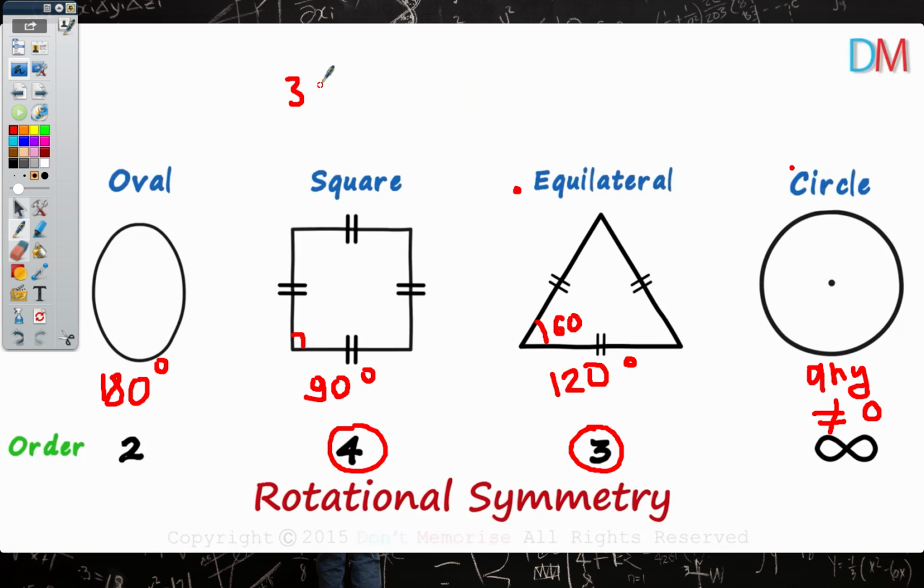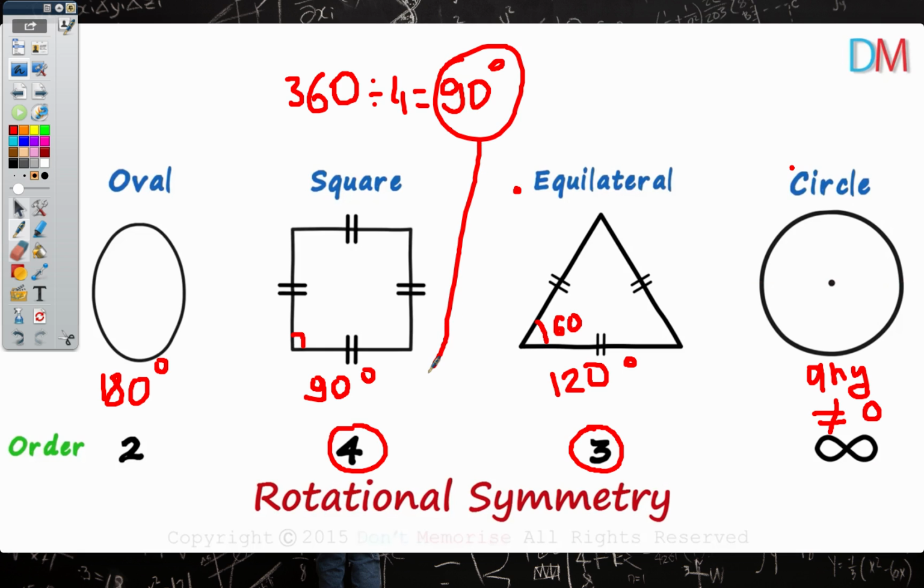And 360 degrees divided by 4 gives us 90 degrees. It's the same as the degree of the rotation. This is the first time the square is going to be the same as given, in this degree, 90 degrees.